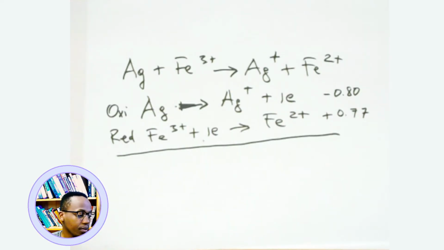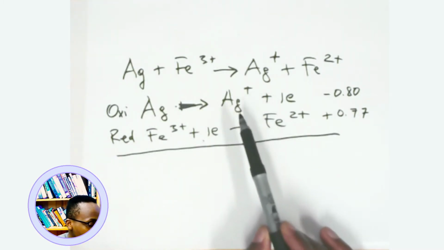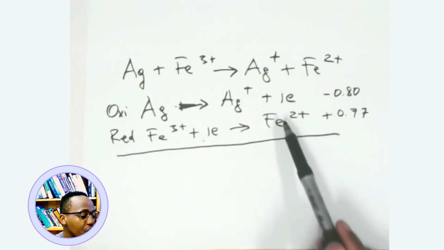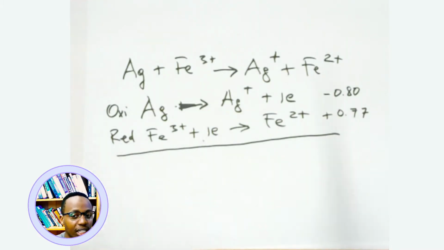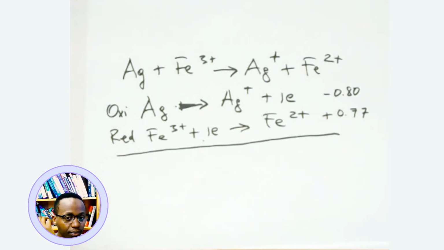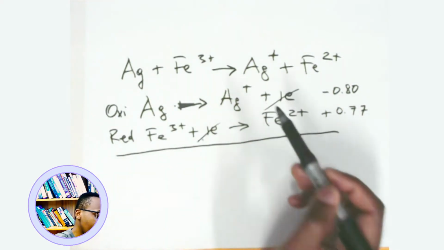But even though you might have to multiply the stoichiometry to get the same number of electrons, it shouldn't affect the voltage here, right? The voltage doesn't care about the stoichiometry, it's still the same voltage. So here, the electrons cancel.